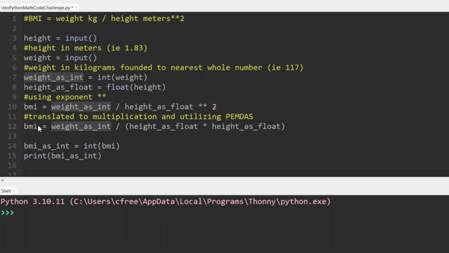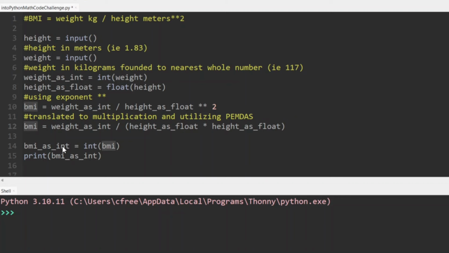Now, the important thing here is we want one as a whole number, and as a whole number, it'd be an integer. So let's change that BMI to an integer BMI, and we're going to set that into a BMI as integer.